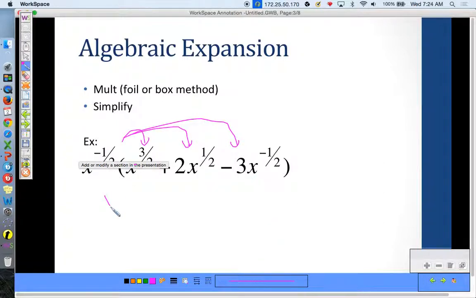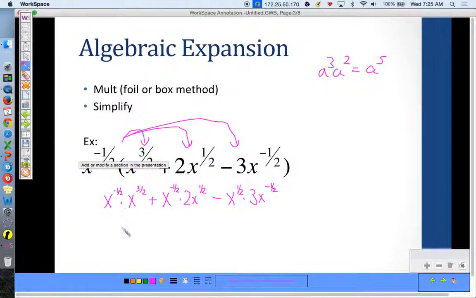So we have x to the negative 1/2 times x to the 3 over 2 plus x to the negative 1/2 times 2x to the 1/2 minus x to the 1/2 times 3x to the negative 1/2. And now it's dealing with exponents. If you remember, when they're the same base, if you had a cubed times a squared, that's a to the 5th.